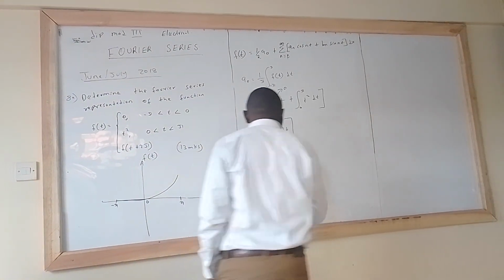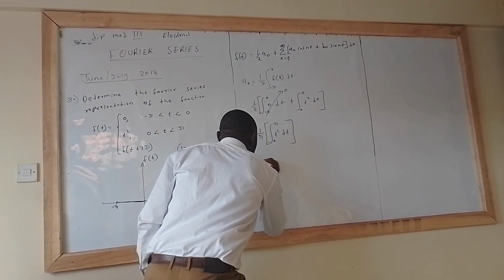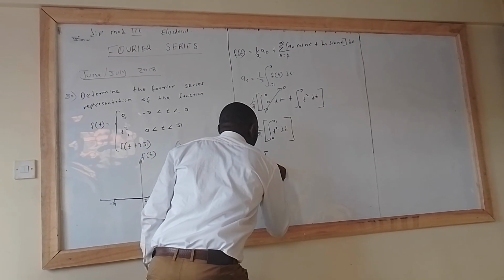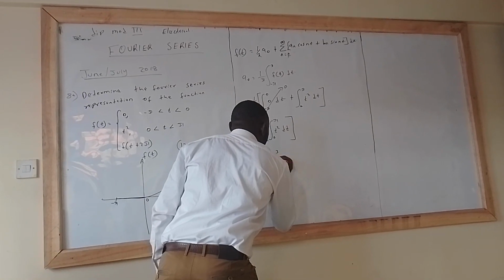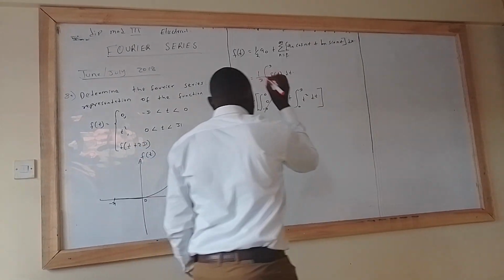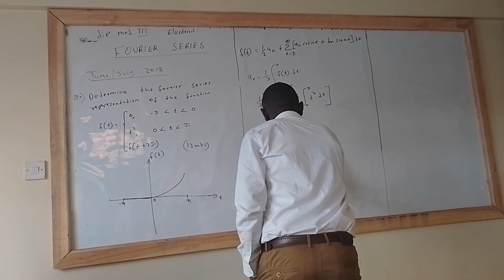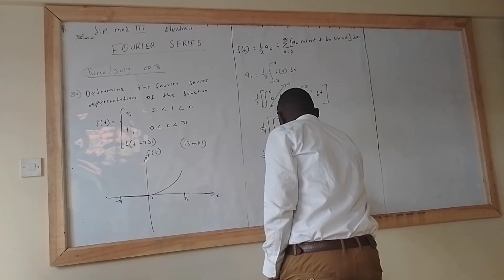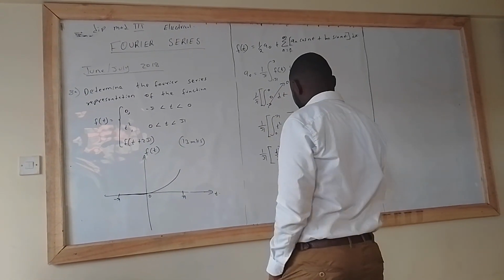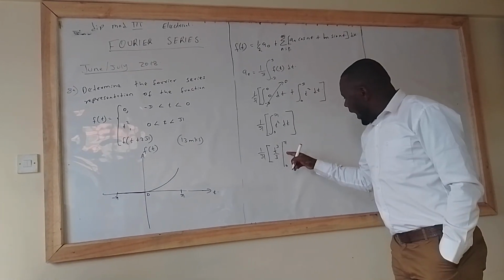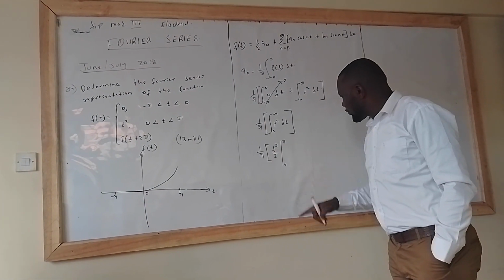So let's tackle this. I have 1 over pi, open the bracket, t power 3 divided by 3, in the range of 0 to pi. Any place we have t, I replace it with pi.